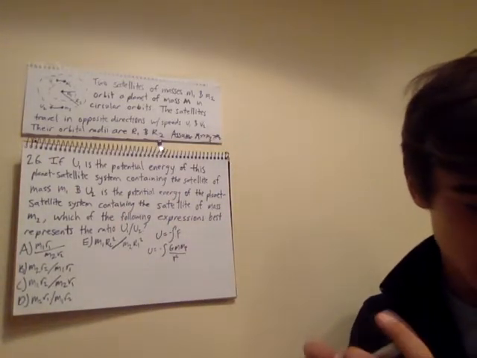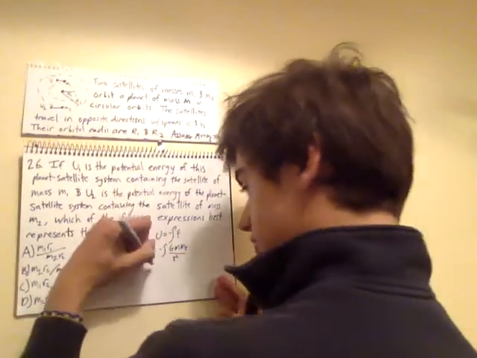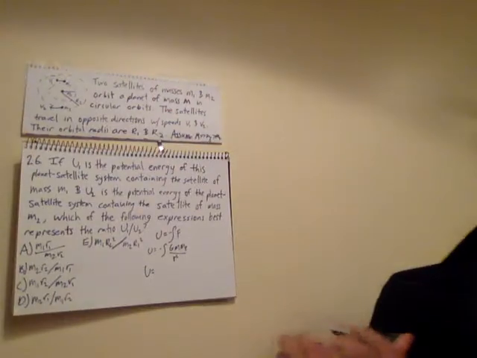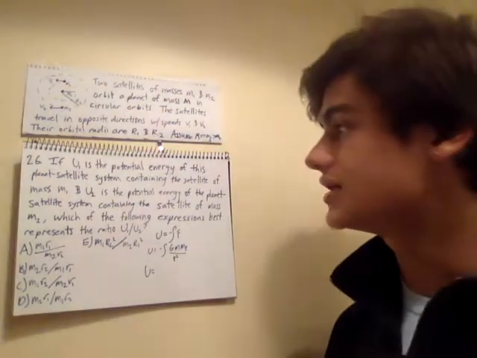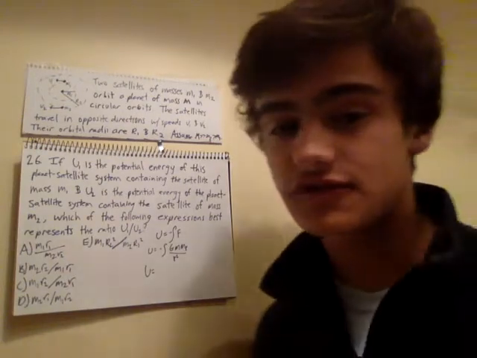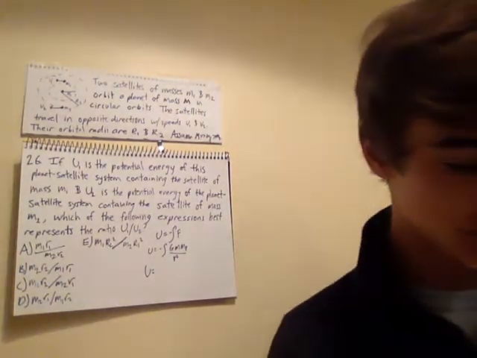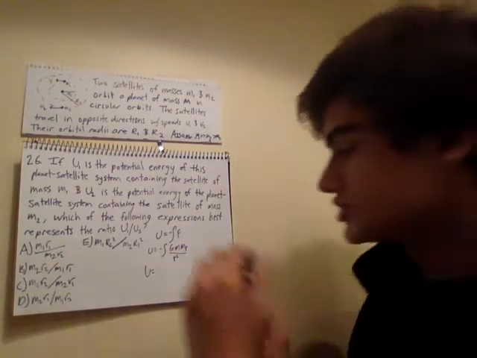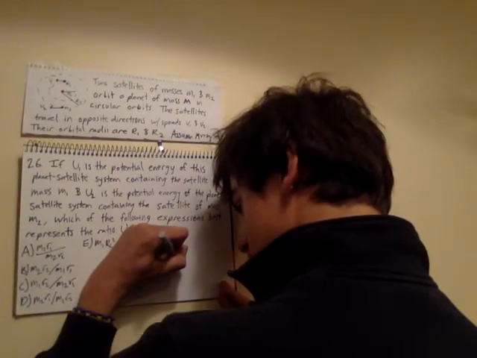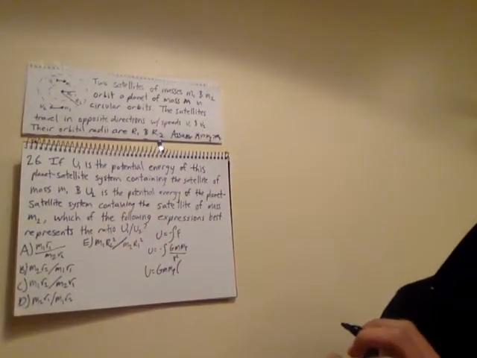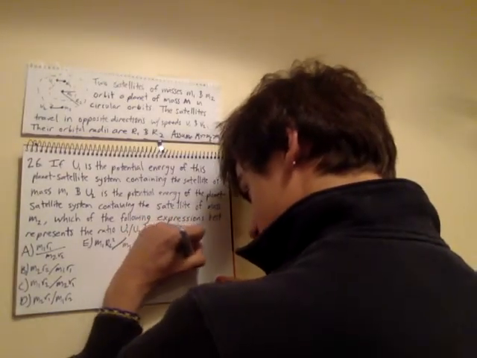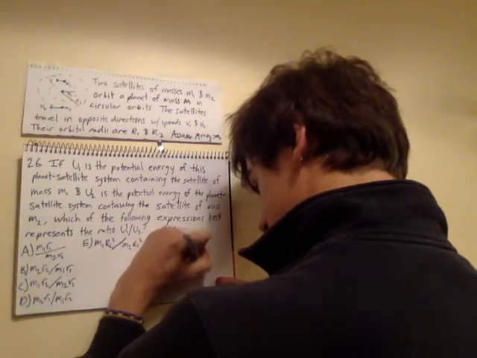Alright, so once we integrate this, we're going to come up with U is equal to, so the negative sign isn't going to matter here because it's just asking for a ratio, so we're not going to worry about the negative sign in this case. So this is going to come up with G M M P times 1 over R initial minus 1 over R final.